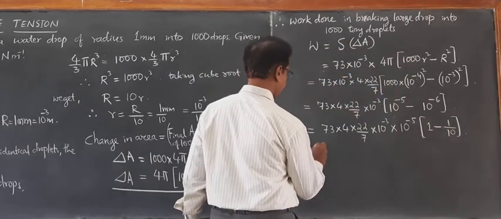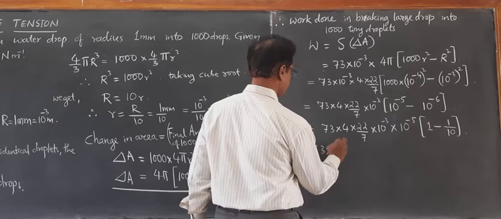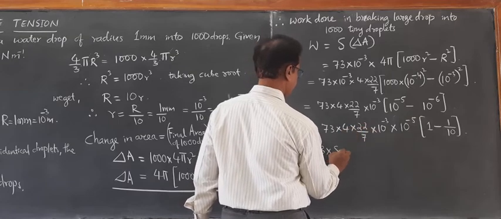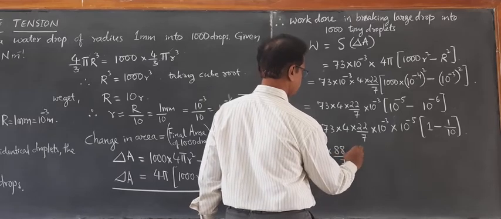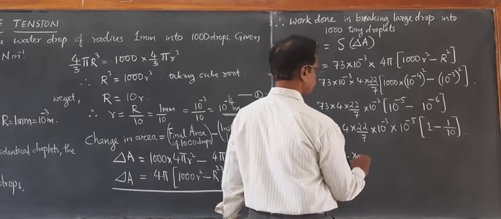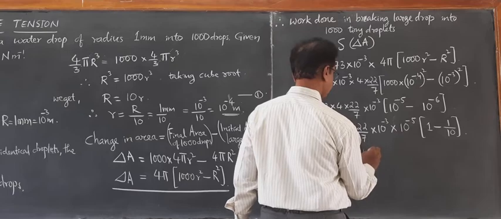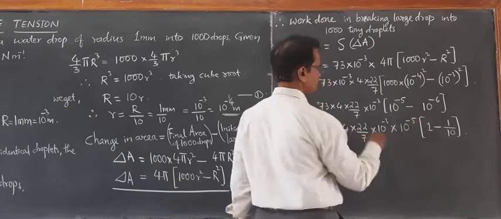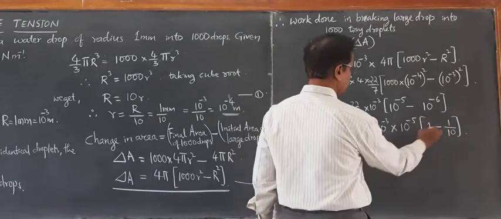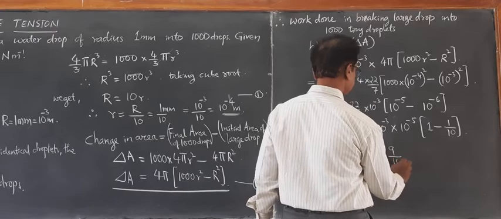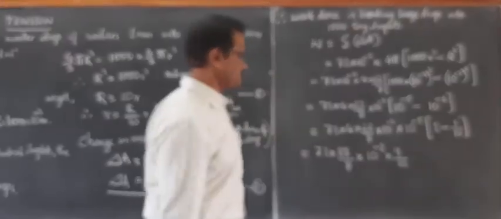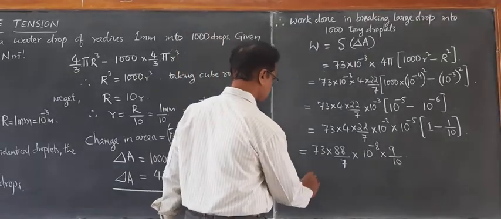Therefore you are left with 73 into 88 by 7 (22 fours are 88) into 10 raised to minus 8 into 9 by 10. So simplify this. This gives us the result.